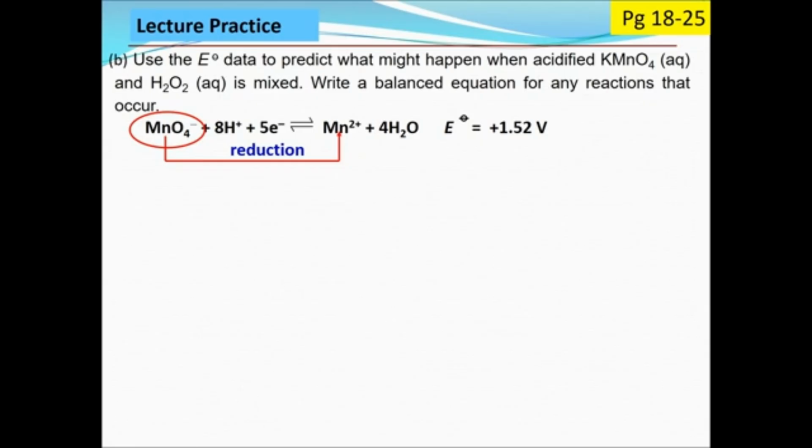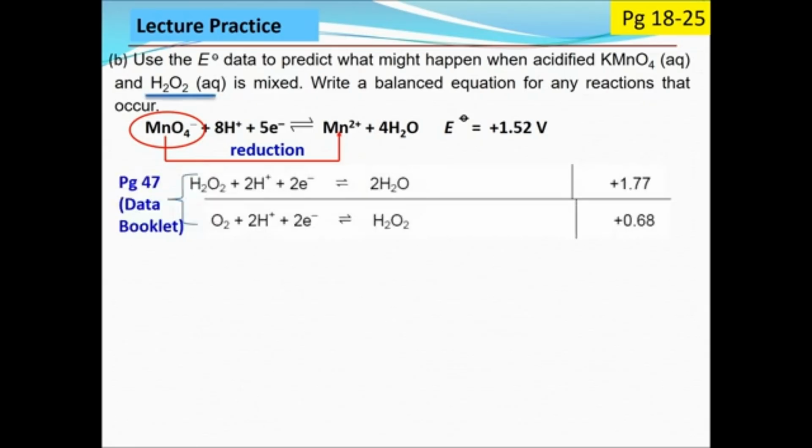So in your data booklet at page 47, you will see these two values to consider: H2O2, acidic scenario, these two acidified, right? And then to decide, do you want the left hand side, which means H2O2 undergoing reduction, or the right hand side, H2O2 undergoing oxidation.